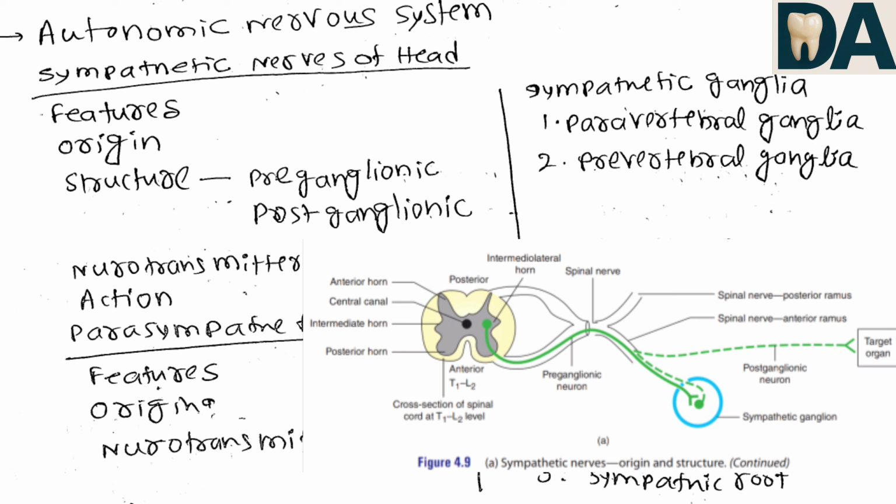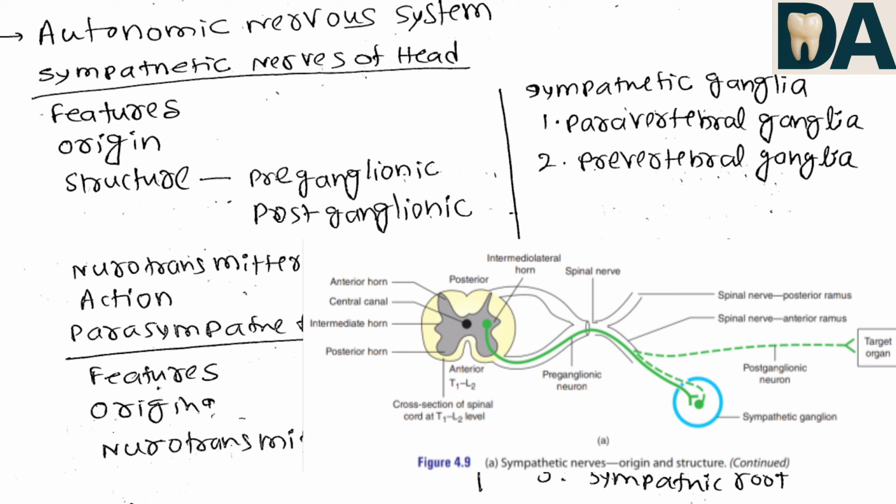The sympathetic ganglia of the head and neck are the cervical ganglia. The cell bodies of postganglionic neurons are present in the ganglion and their axons extend to target organs such as viscera, blood vessels or glands.